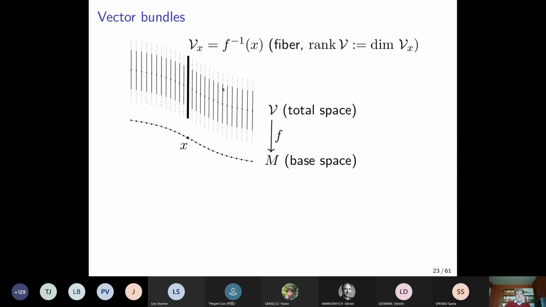And what is not shown on this picture is that the vector space laws, so the addition and the scalar multiplication, should vary smoothly with the fiber, but this is always implicitly assumed. Furthermore, for the sequel, I should say that the rank of a vector bundle, it's actually written here, is the dimension of a fiber. And we will often encounter vector bundles of rank 1, and these are called line bundles, because then the fibers are just lines.